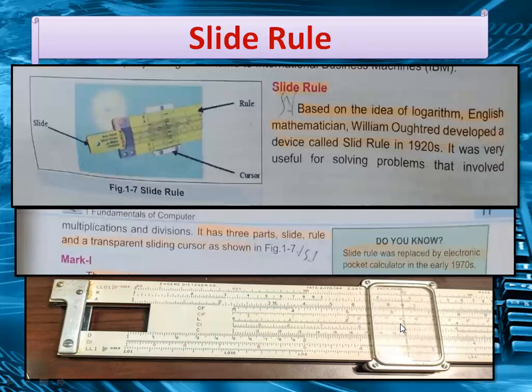The slide rule was replaced by the electronic pocket calculator in the early 1970s. This slide rule was based on the idea of logarithm, and it is a simple calculating device which can perform multiplication and division.